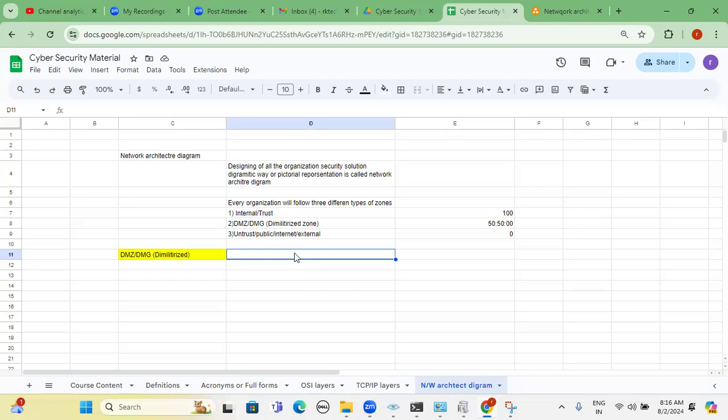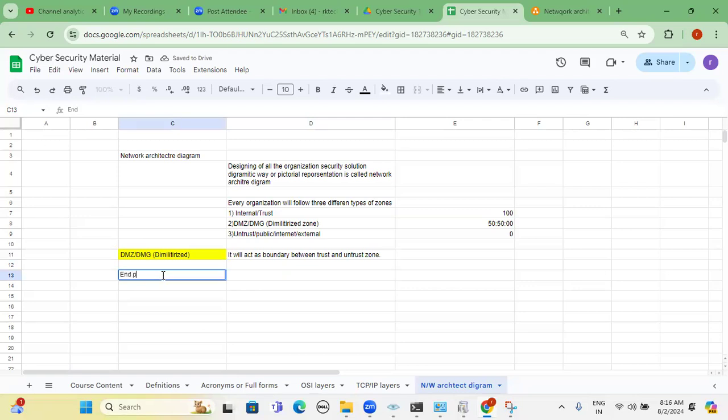That particular zone, we can call it a DMZ zone. This particular word came from the military, so that's why it is called demilitarized. It will act as a boundary between trust and untrust zone. Okay, so that is DMZ.